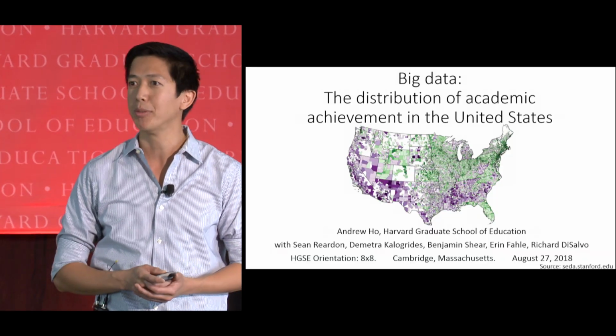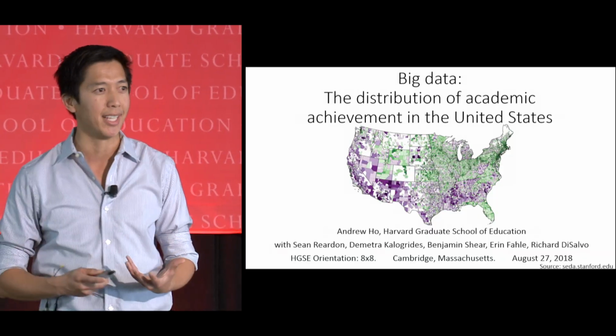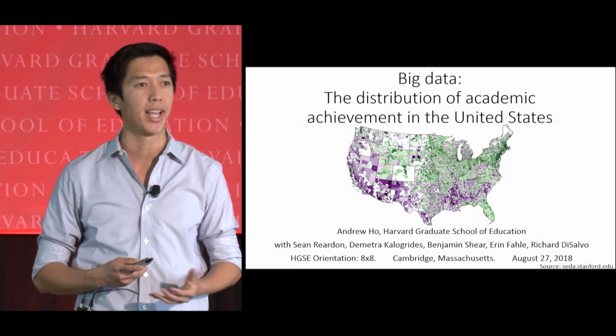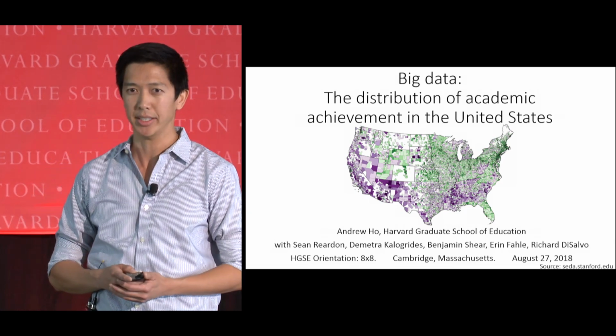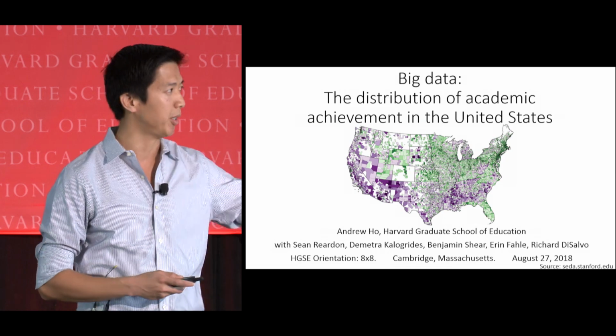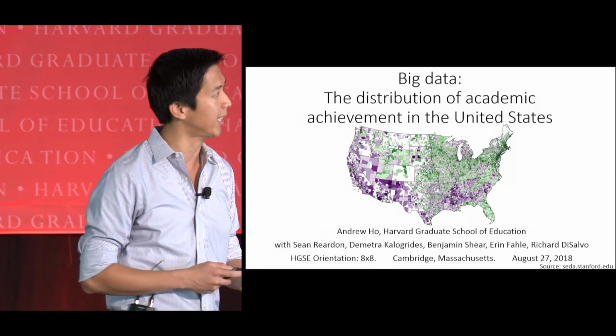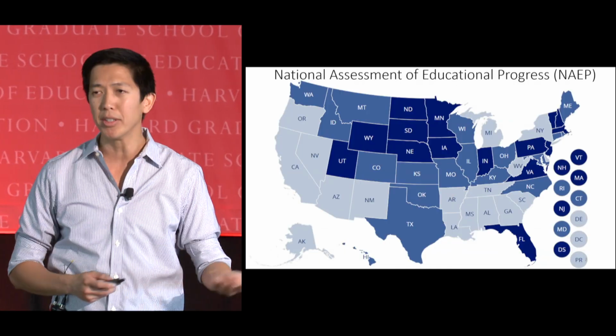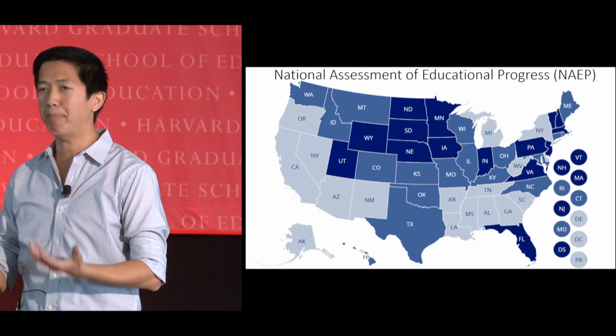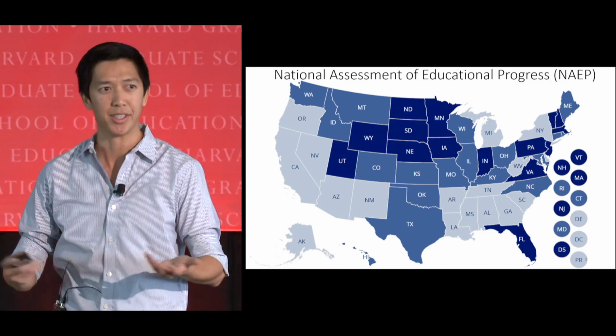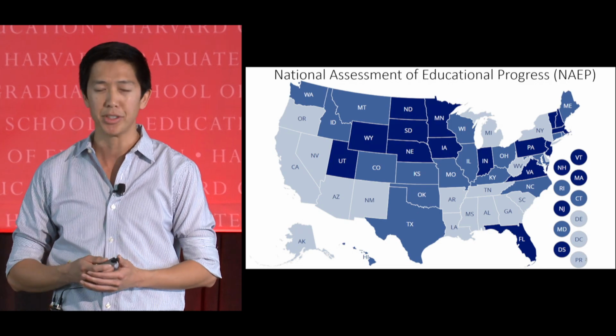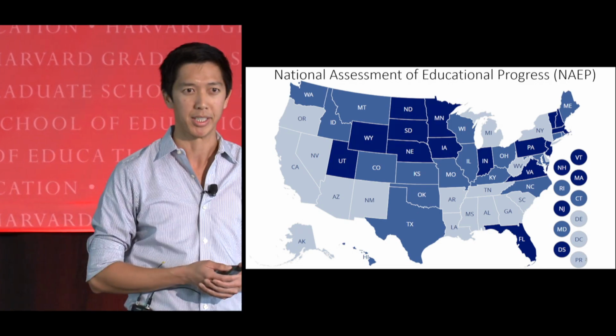And our question is, how can we use these data to help advance educational research and our understanding of educational inequality in this country? So what I'm going to do is show you this first slide, which is what we had in the past. If you wanted to know about how educational achievement is distributed in the country, you'd have to look at the National Assessment of Educational Progress.